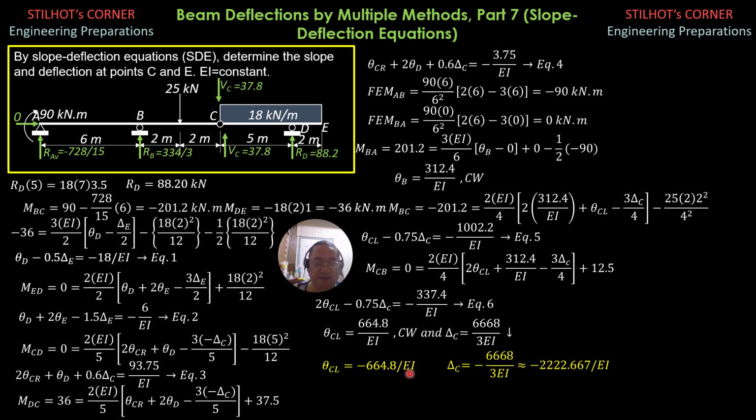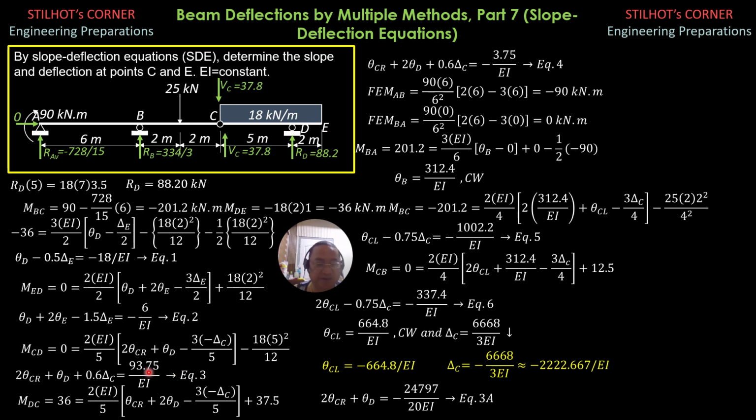So having found this, we can now substitute the value of delta C, which is this one, because these equations were set up with this assumption. So from equation 3, 2 theta C right plus theta D plus 0.6 of delta C, which is 6668 over 3, equals 93.75.